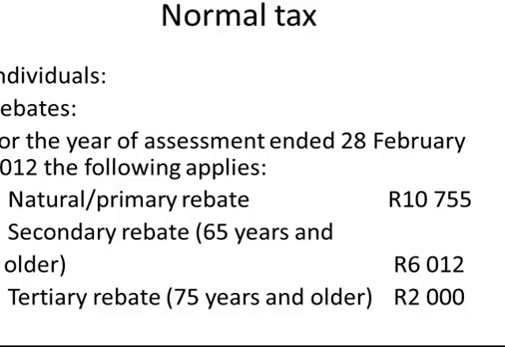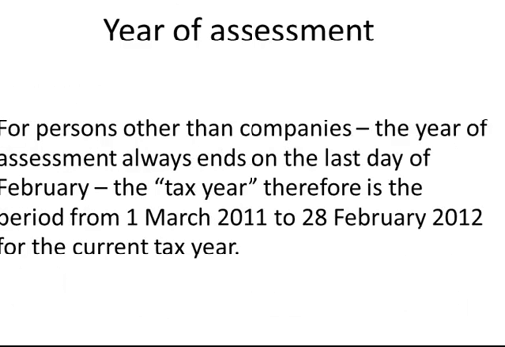And then we have a tertiary rebate, for which any individual over the age of 75 years will get the primary rebate of 10,755 Rand plus the secondary rebate of 6,012 Rand plus the tertiary rebate of 2,000 Rand.